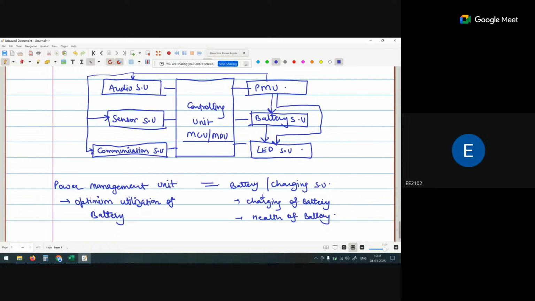That means how we can manage and control things. For the subsystem that is not in use, your battery performance and utilization will be increased. This will be done by the power management unit. So these two are completely different.